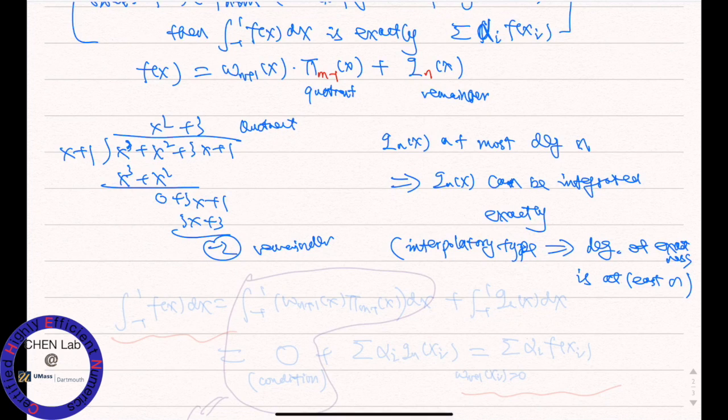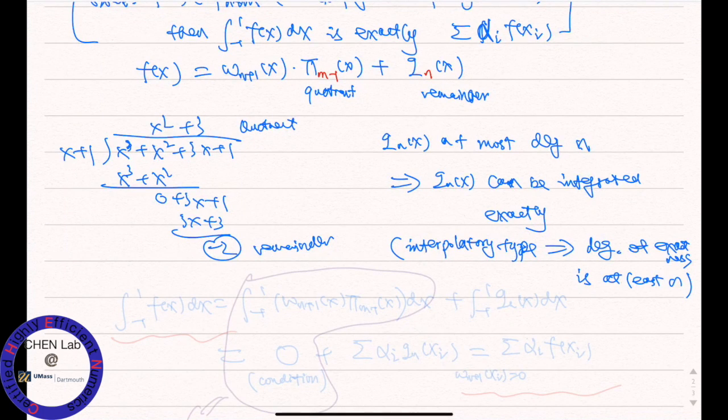With 2 points, you reproduce polynomial degree 1. So if you start with a polynomial of degree 1, then your interpolation is itself, and of course the integral is exact.